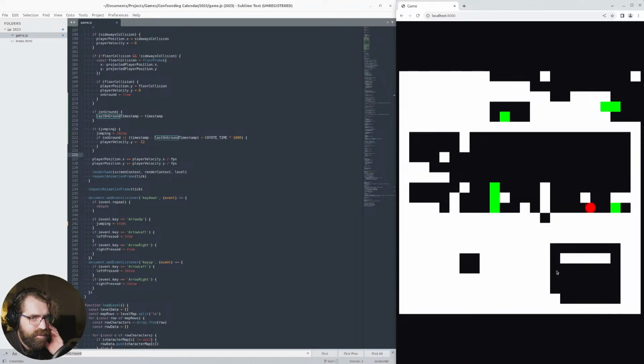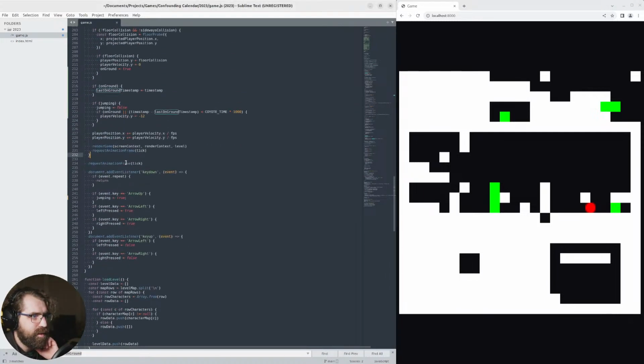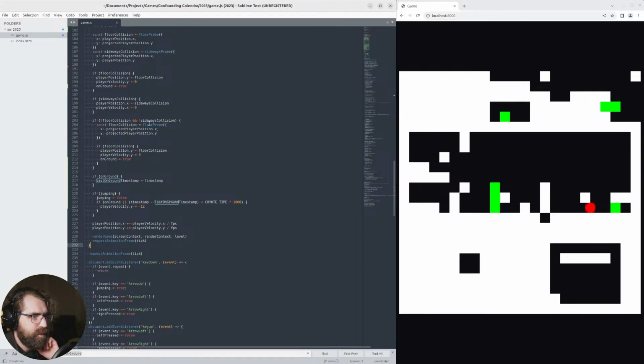But shouldn't my second collision be happening? So my second floor probe check should happen. Because there's no up collision, there's no down collision. And it should then check if in that direction there's anything. Wait, so what will this actually be? This will be the projected position.